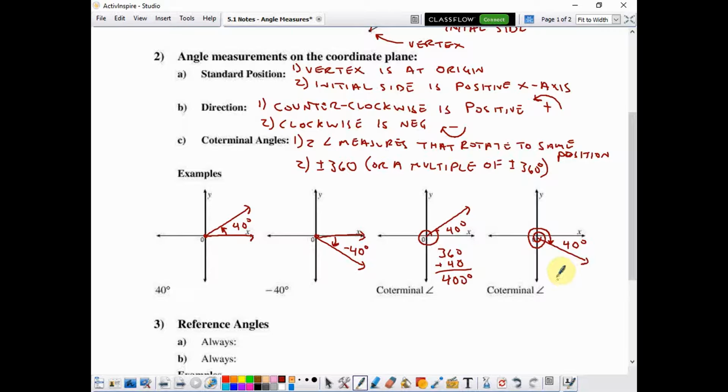So that would be negative 40 minus 360, which is negative 400, minus another 360, and that's negative 760 degrees, and it ends at the same spot as this negative 40. So negative 40 and negative 760 are coterminal angles.